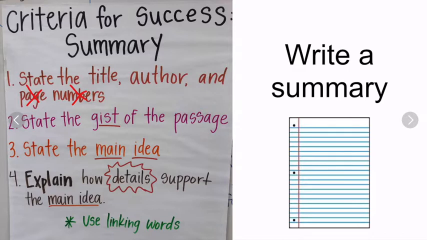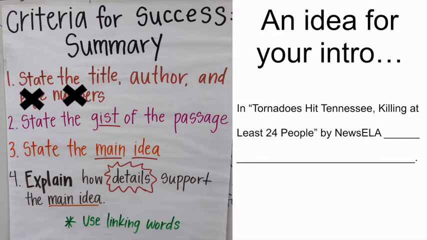Last, share a detail from the text. If you share a detail that's copied from the text, make sure you use quotation marks so that I know you know where that information came from. Write your summary on a piece of notebook paper. If you need help getting started, check out this introduction that you can use and then keep writing from there.